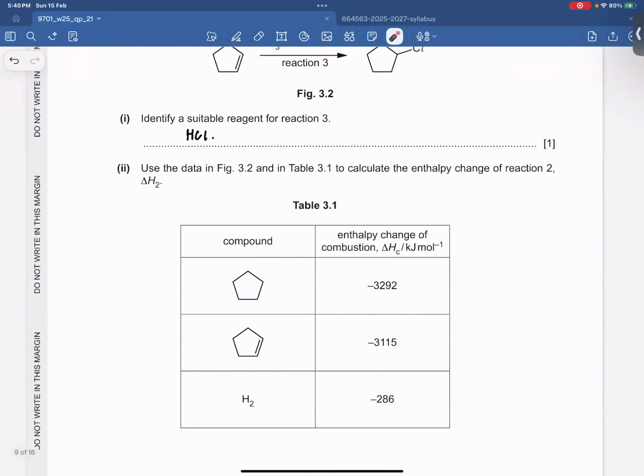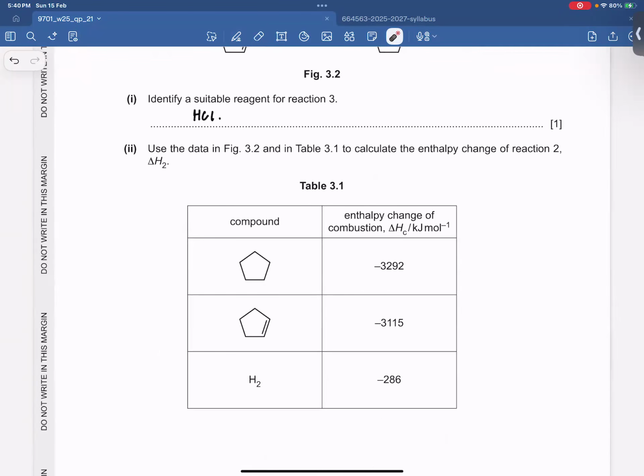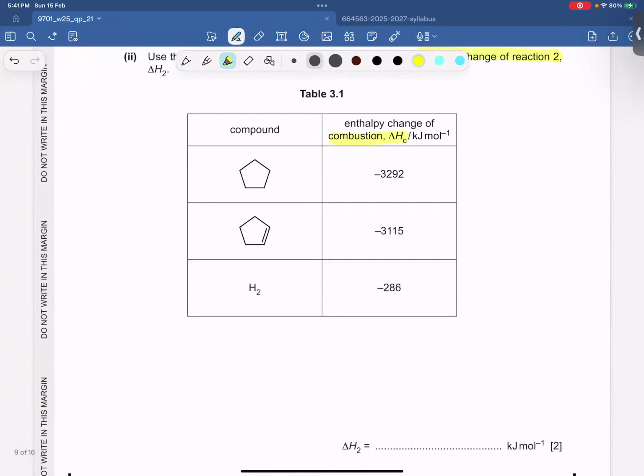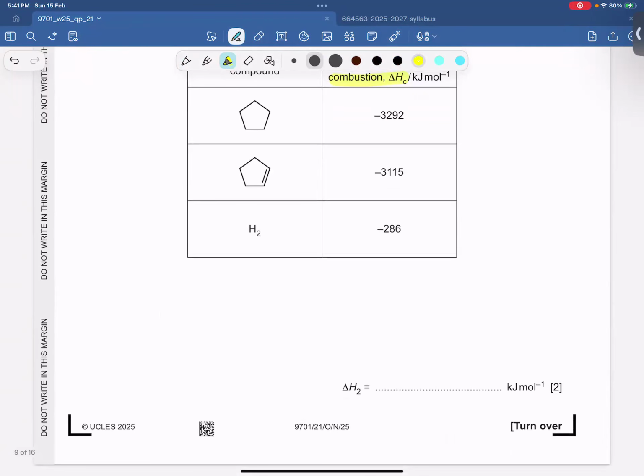Use the data in figure 3.2 and table 3.1 to calculate the enthalpy change of reaction 2. And combustion data is given. Oh my goodness. So we have two different steps here. This is cyclopentene. It is reacting with hydrogen, converting into cyclopentane.